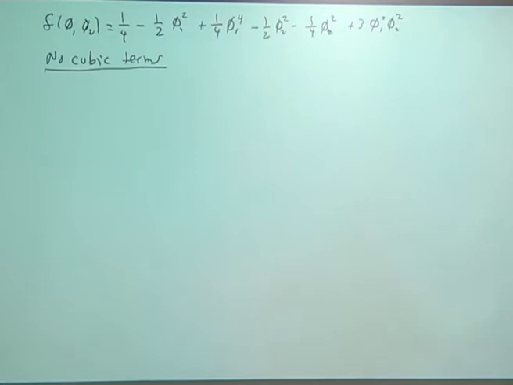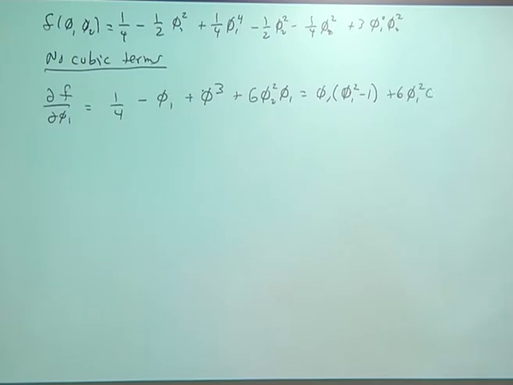And if you look at the partial of f with respect to phi 1, which is going to be equal to phi 1 times something with phi 2 squared, this is equal to 0 when phi 1 is 1 and phi 2 is equal to 0.